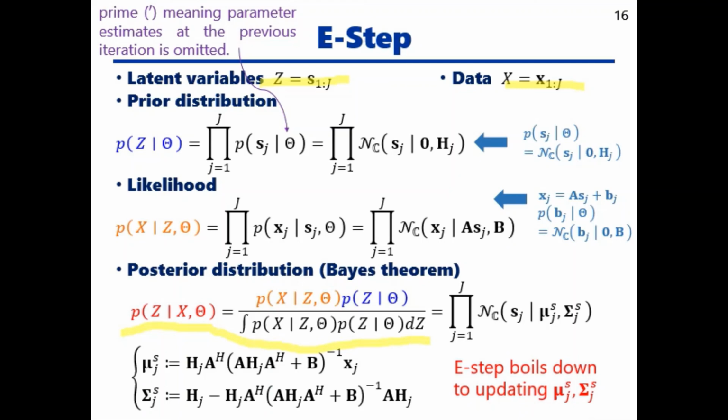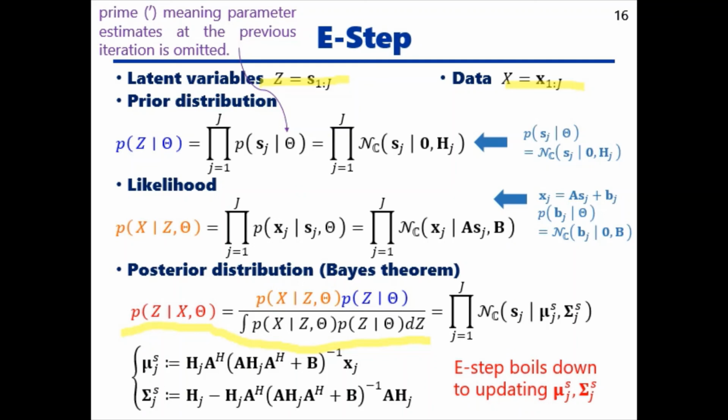Please note here that in this slide, the prime, meaning parameter estimate at the previous iteration, is omitted for simplicity. This is not confusing because all parameters in this slide are those estimated at the previous iteration.